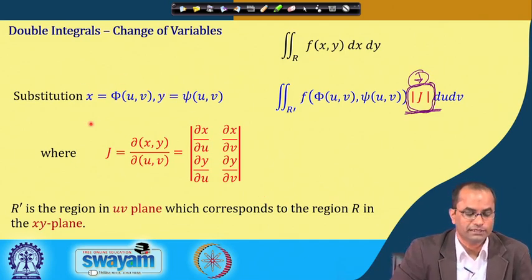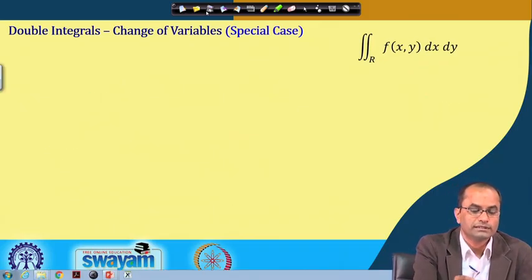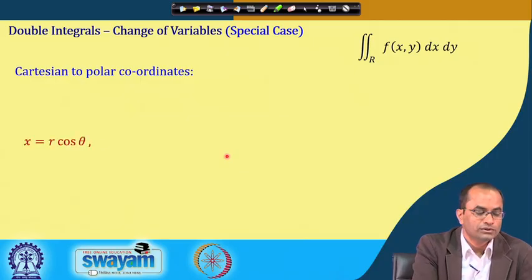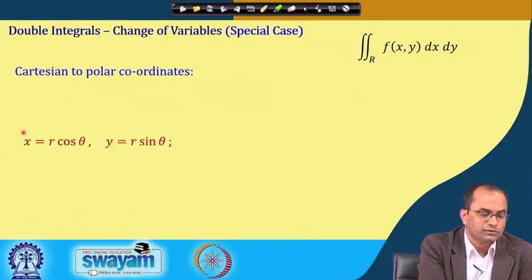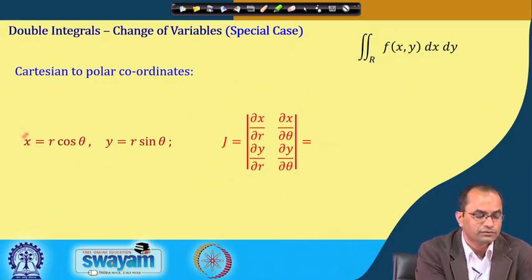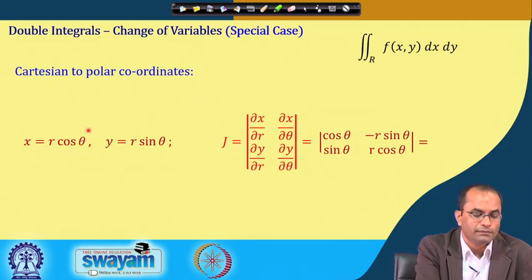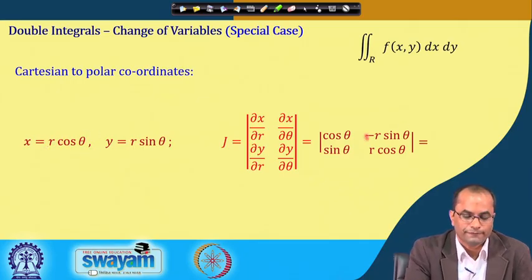So, if we want to see a particular case, what will happen if we substitute into the polar form, that means x is equal to r cos theta and y is equal to r sin theta. If we compute this Jacobian here, del x over del r will be cos theta, and del x over del theta will be minus r sin theta.